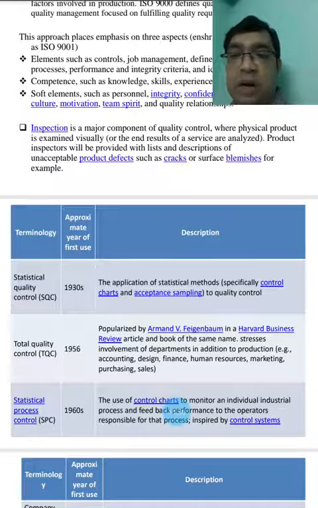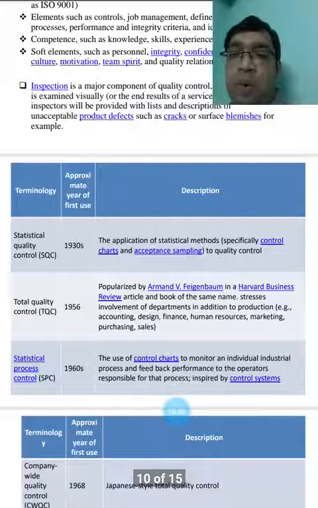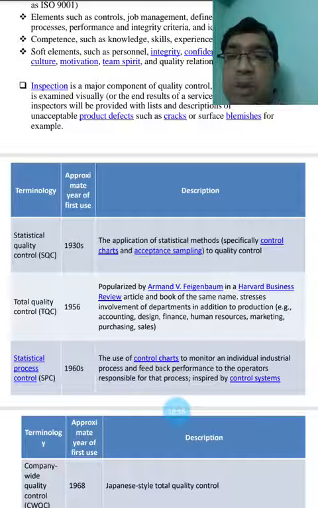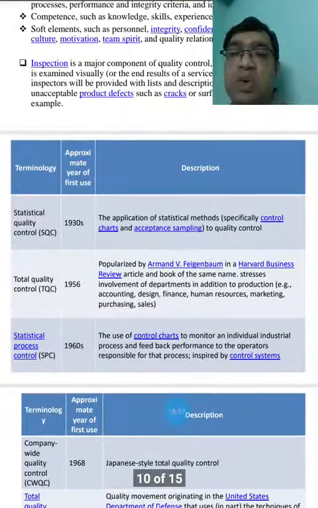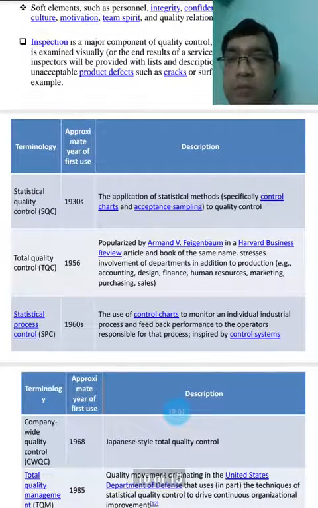Product inspectors will be provided with a list and descriptions of unacceptable product defects such as cracks or blemishes, for example. A few terminologies, the approximate year of first use and the descriptions are given in the following table.